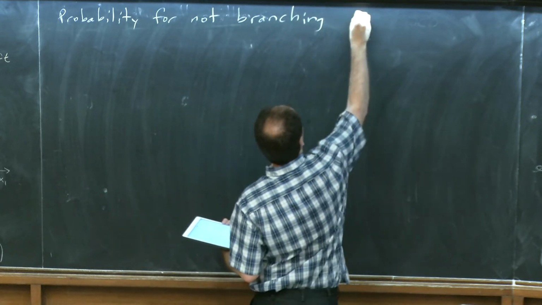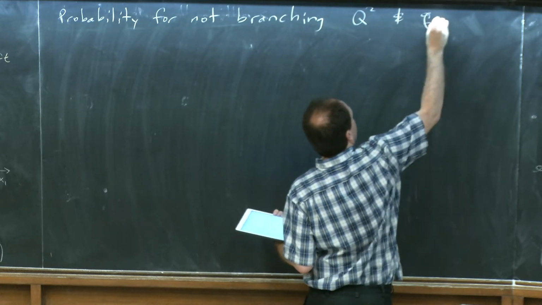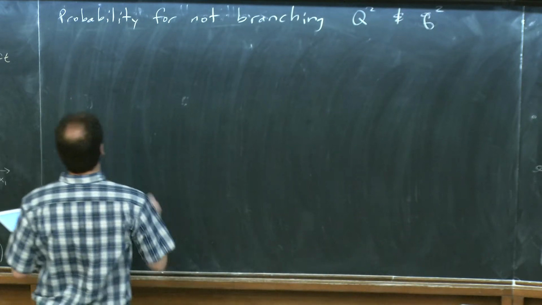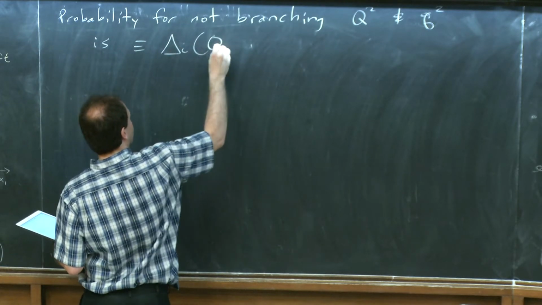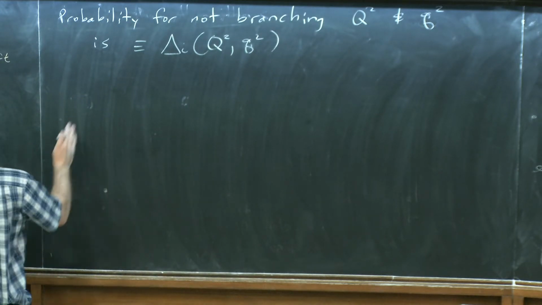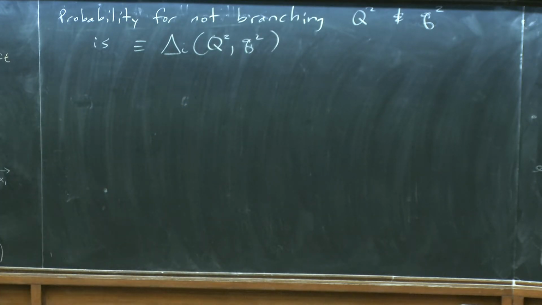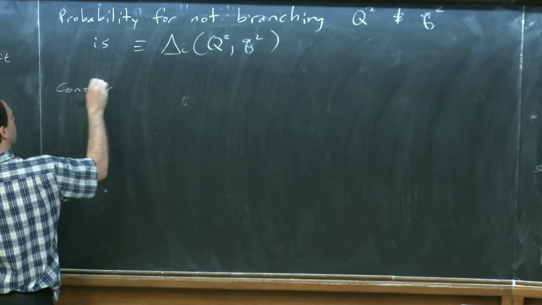So let's have no branching between some capital Q squared where I start and little q squared where I stop. And I'm just going to define that as a notation to be a delta of capital Q squared comma little q squared. And in order to figure out what this delta is, let me do the following. Let's consider the derivative of this delta.